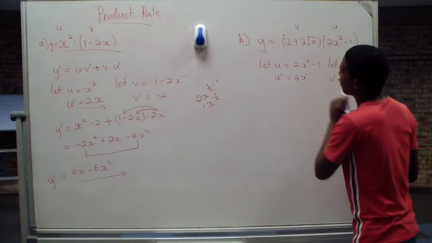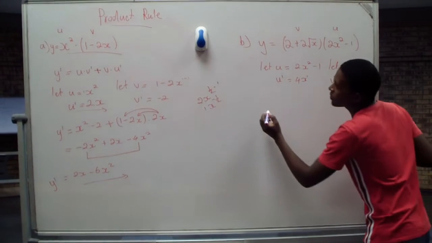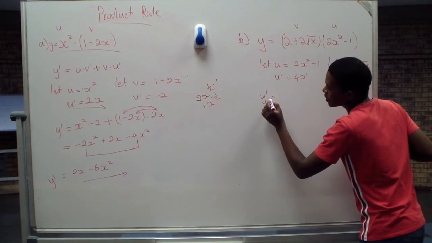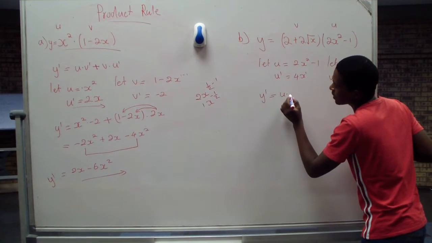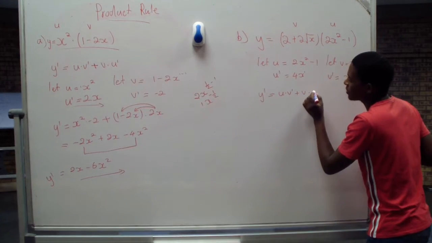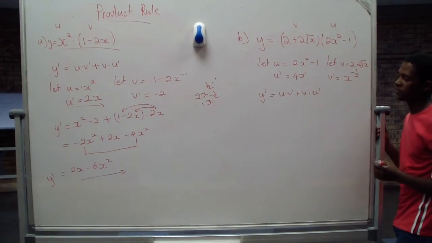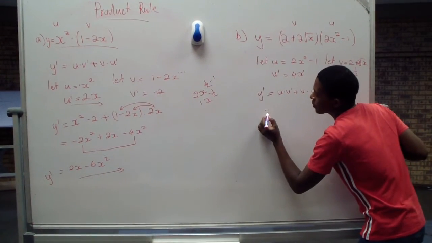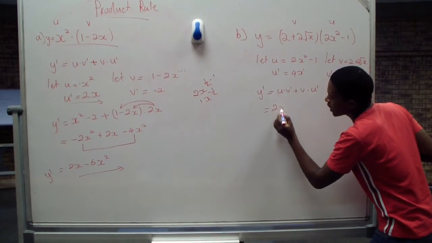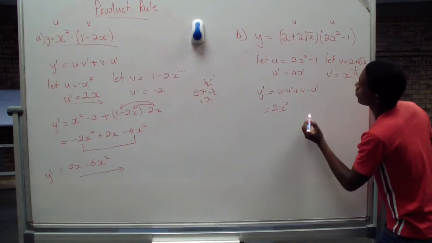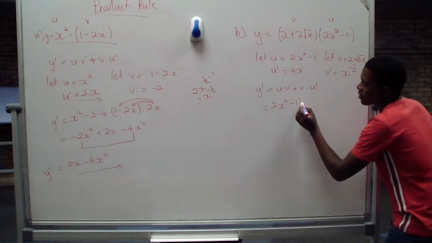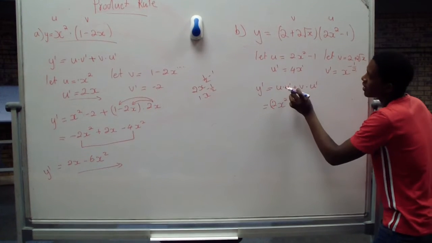Now I go back to the product rule. I say y prime is equal to u multiplied by v prime plus v multiplied by u prime. Then it's equal to, I chose u as 2x to the power 2 minus 1, multiplied by my v prime.